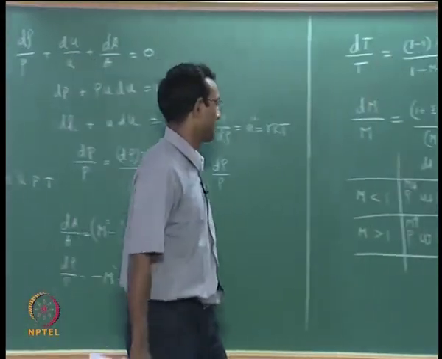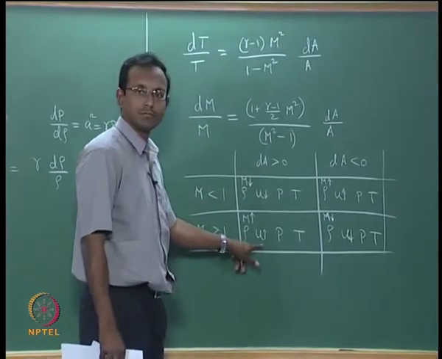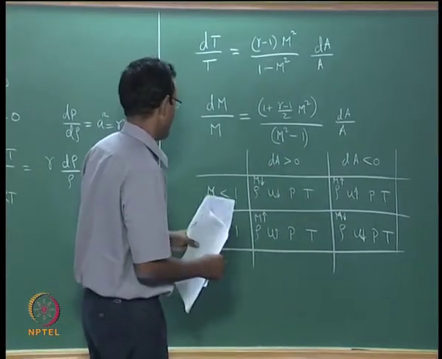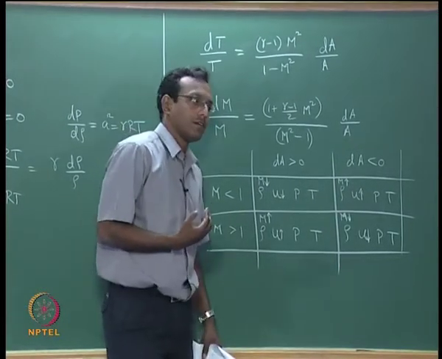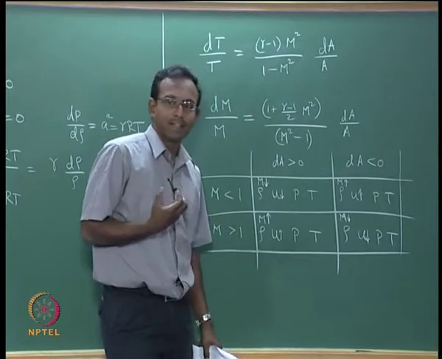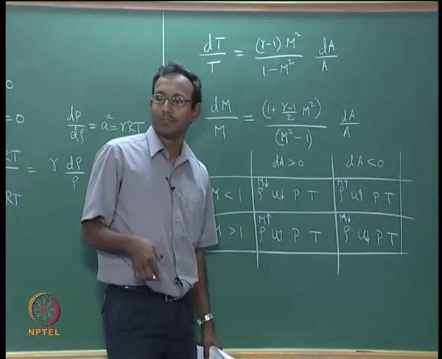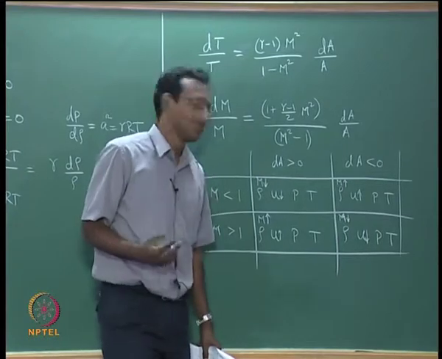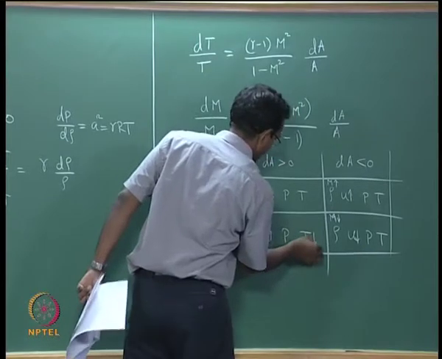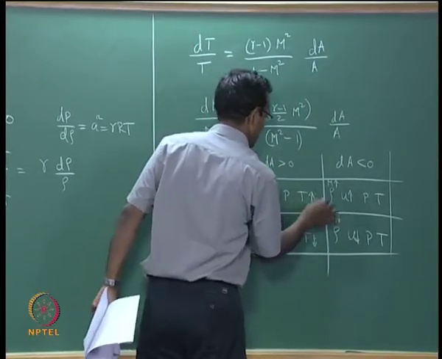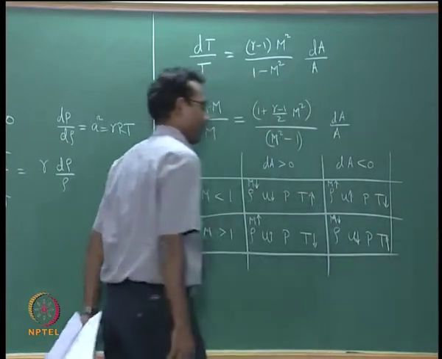Okay, it can be told from here also. Now, since I am adiabatic, I can immediately tell that if velocity increases, temperature drops, T naught is constant. So, whatever velocity is, this will be the opposite arrow.